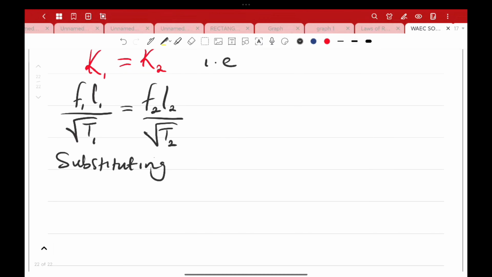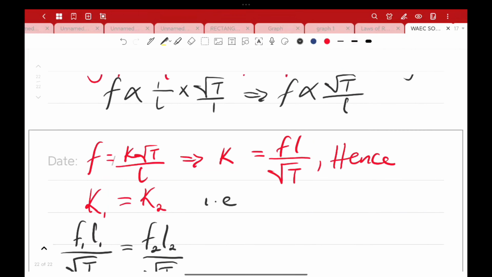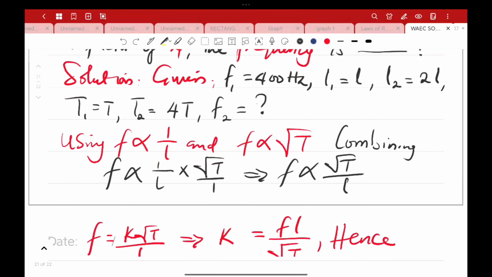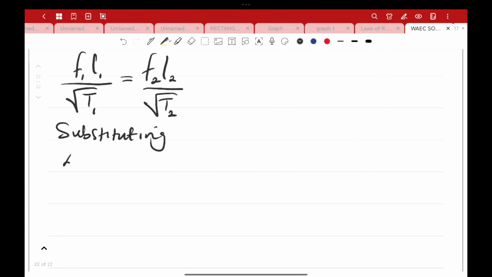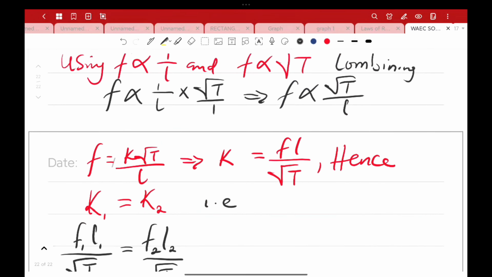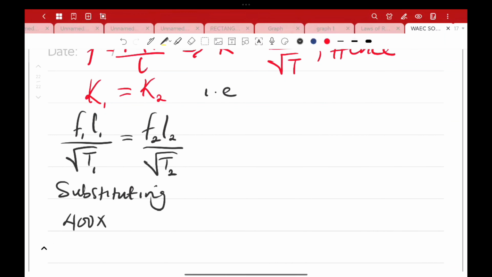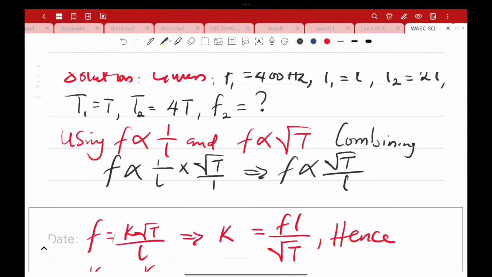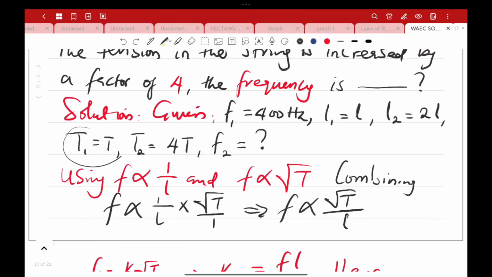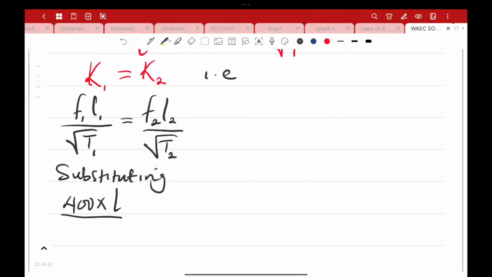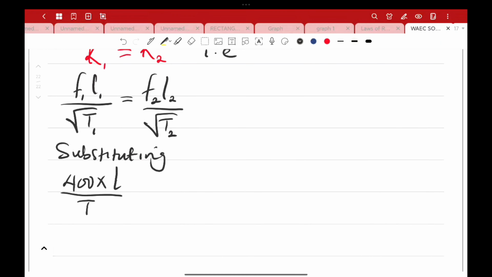Now, substituting, our F1 is given to us to be what? Let's look for it. Our F1 is 400 hertz. So let's write that. 400 multiplied by L1, which is L. Can you see it? Multiplied by L, all divided by the square root of T1, which is T. So the square root of T. That's what we're going to write.